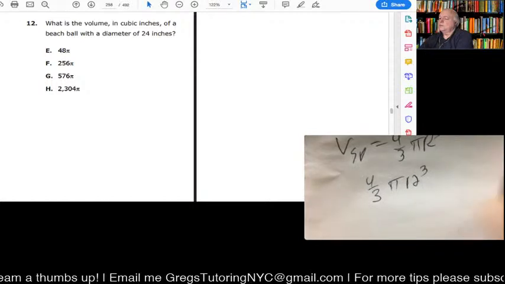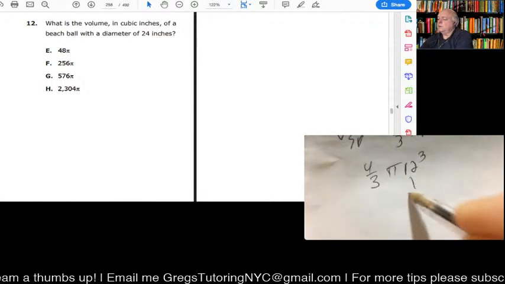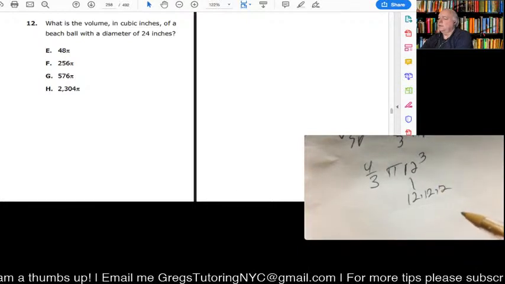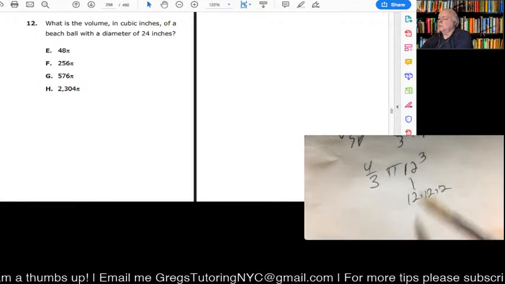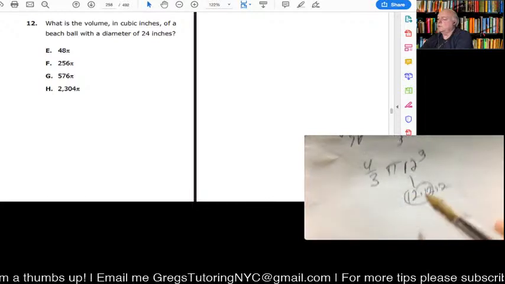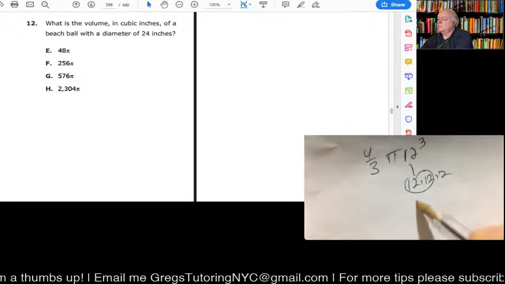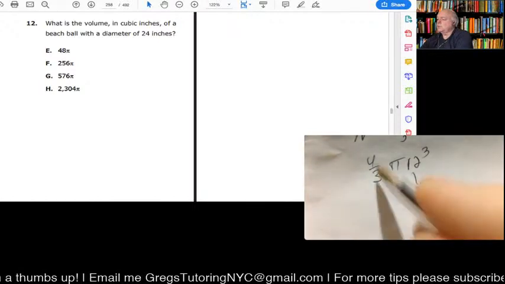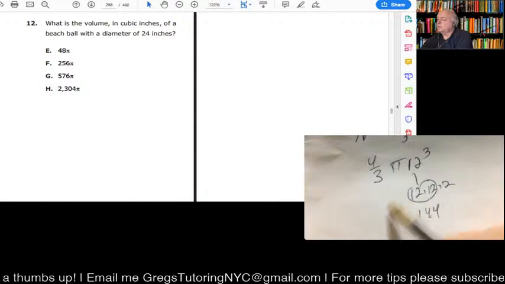Okay, so we have this where we can do 12 times 12 times 12, and that can get nasty. Okay, so we all should know that this is 144, and then it's just a matter of doing the other math. But we also notice we still have the 4/3 pi stuck in there.